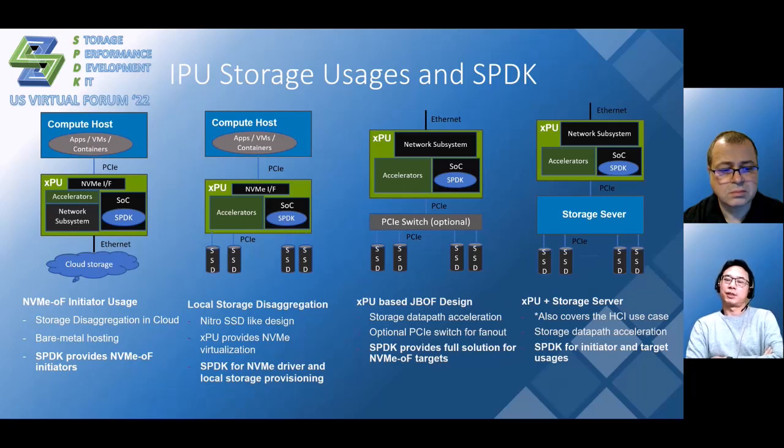A good example is actually Nitro SSD from AWS. So what this looks like is the XPU is just another PCIe adapter added into a computer host, which aggregates the SSDs, provides NVMe virtualization, and it comes with all the different accelerators you can use for data path acceleration, for example, CRC and crypto offloads, right?